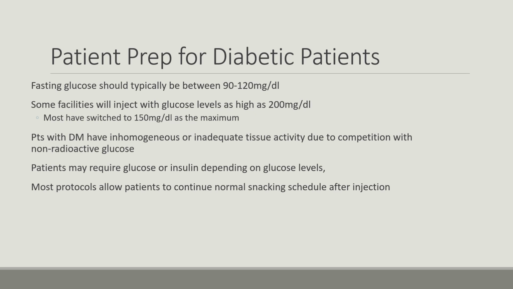So there's really no point in injecting them if their blood sugar is too high. It's going to raise their radiation exposure and raise their blood sugar to even more dangerous levels, but we're not going to get any of the benefits of imaging because it's not actually going to uptake into the cells.